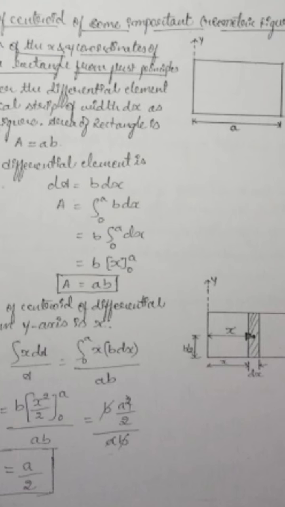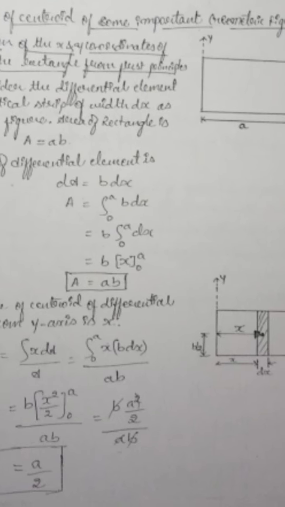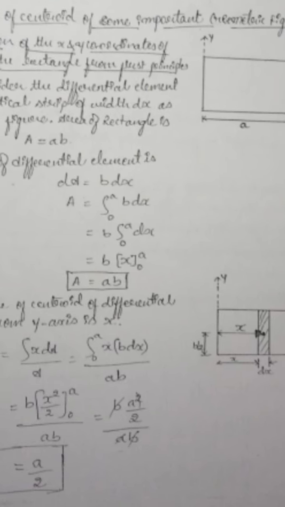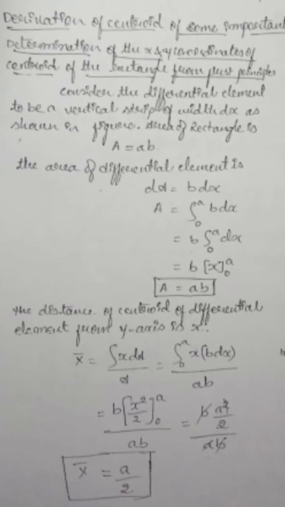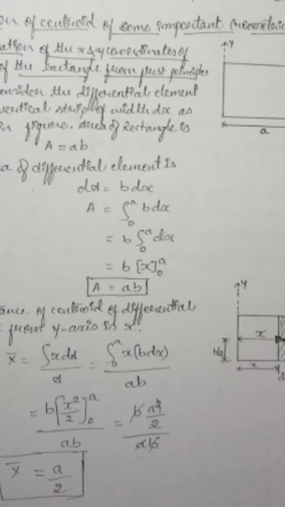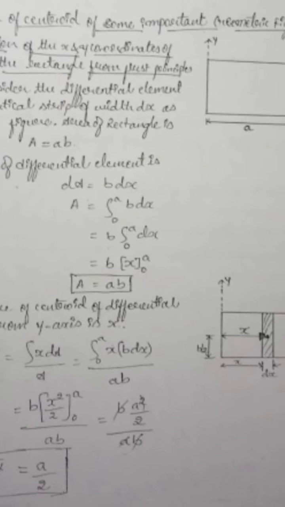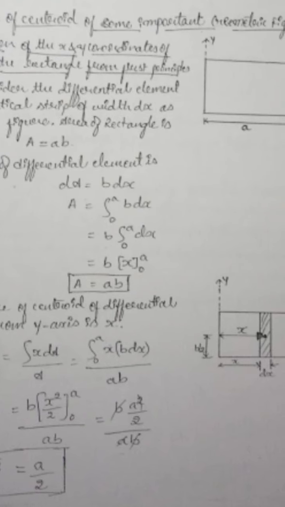We have already determined x into dA at the top. You see that dA is equal to b into dx, where we determined the area of the differential element. So I am substituting the value of dA as b dx.